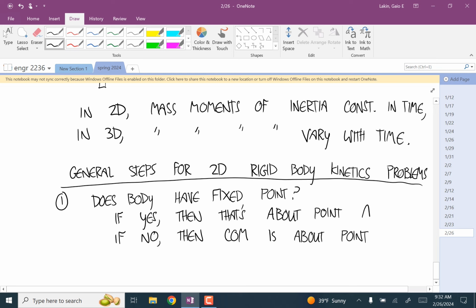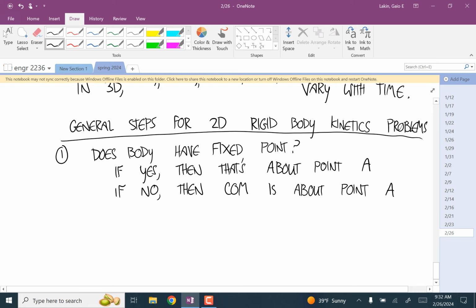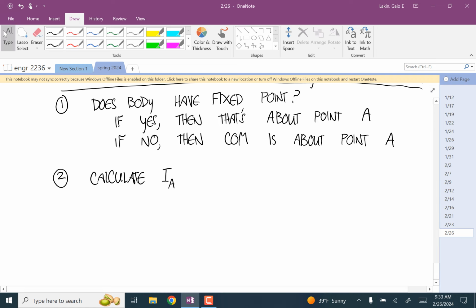Okay, I'll call this A. So step 2, now that you've identified the about point, calculate the mass moment of inertia about that. Third, draw a free body diagram for the rigid body.